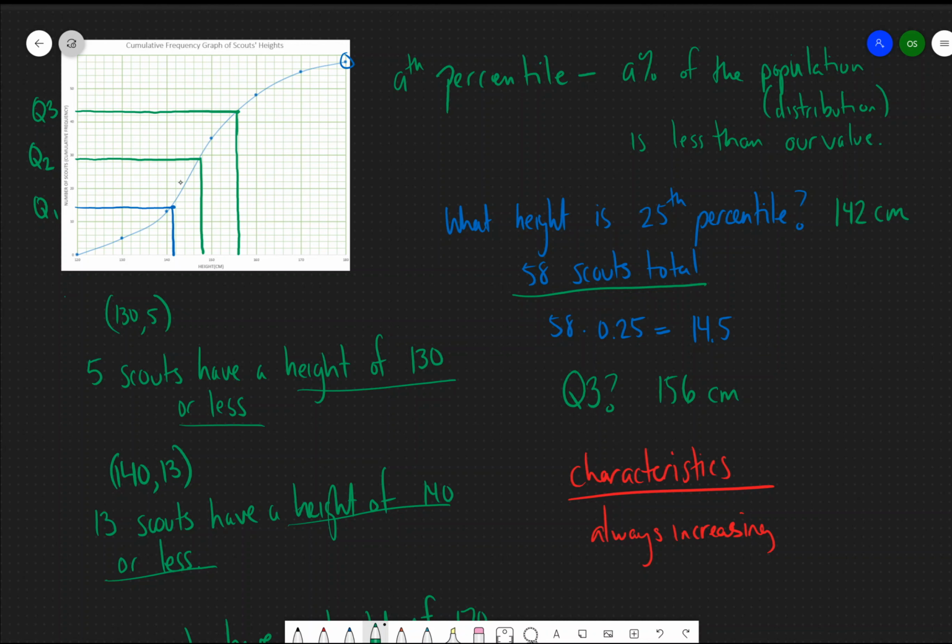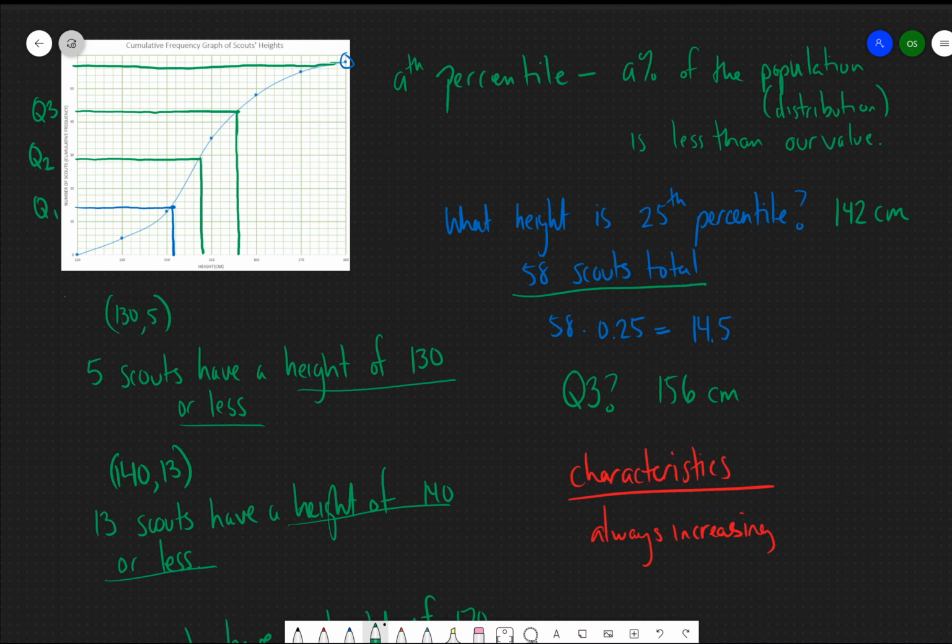So a bigger growth here than over here. This starts to become less steep and we don't get as much growth there. Then over here, this represents 25% of the data, but if you measured the height, then again, the growth here wasn't as much as the growth you had experienced here. So the steeper the incline on a cumulative frequency graph, the more growth happened in that part.